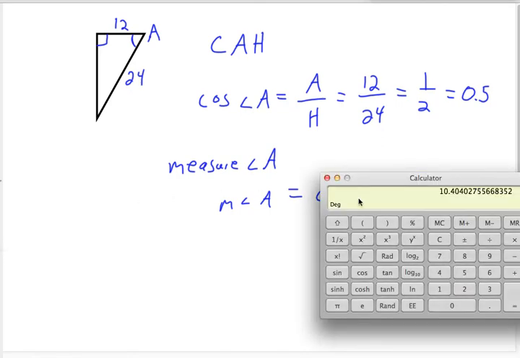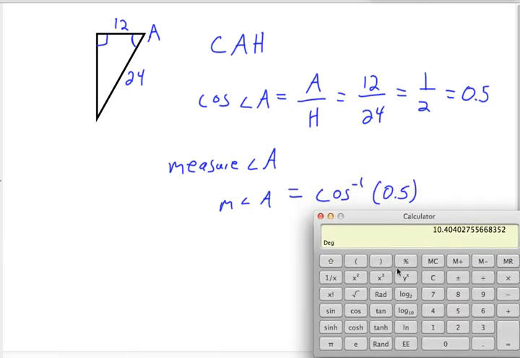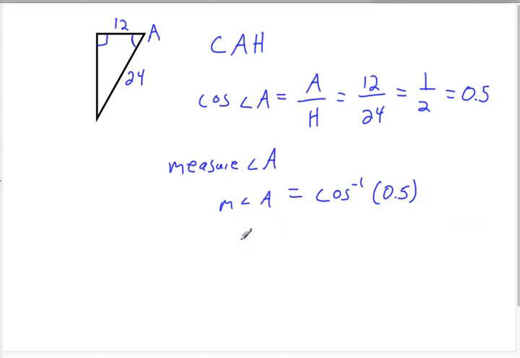So let's get to our trusty calculator, and let's clear it out. So we know 0.5, and we want the inverse cosine, so see where that cosine was, there's always a second button. Now we know inverse cosine of 0.5 is 59.99999, so that is 60 degrees. Let's get rid of that. So we know measure of angle A equals 60 degrees.